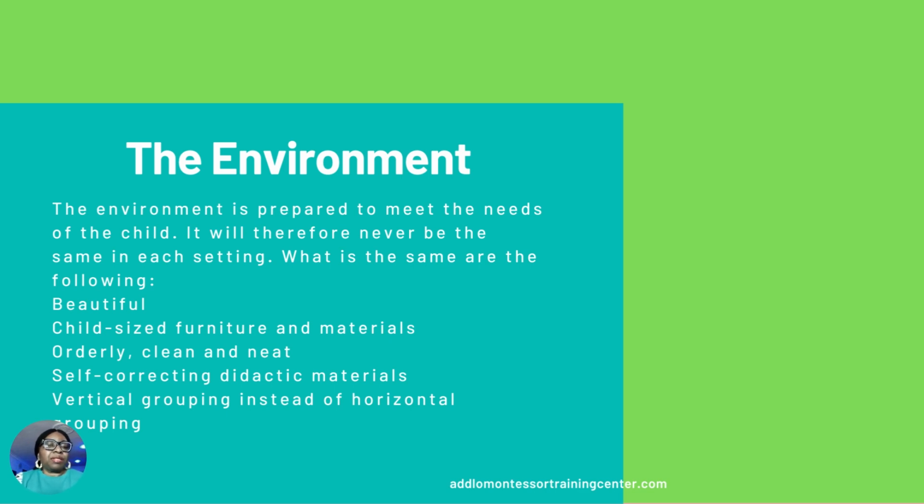Okay, so the environment is prepared to meet the needs of the child. It will therefore never be the same in each setting. What are some of the features we find in the Montessori environment?